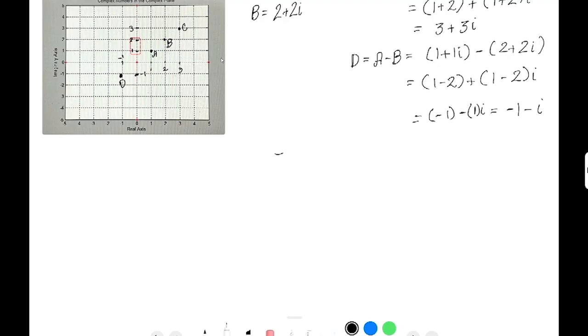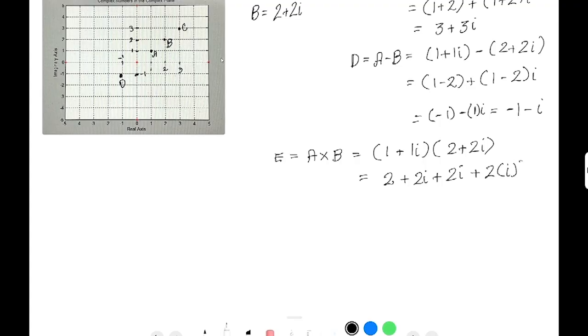So now we have a point E. Let's say that's A times B. So we have 1 plus 1i times 2 plus 2i. And so here we have 2 plus 2i plus 2i plus 2i squared.